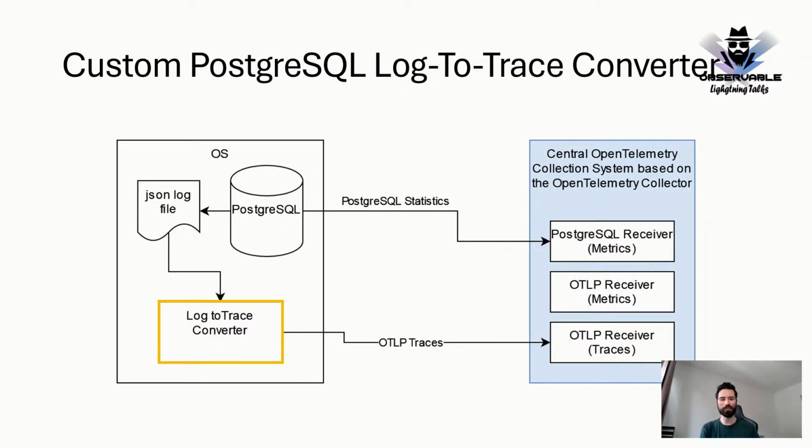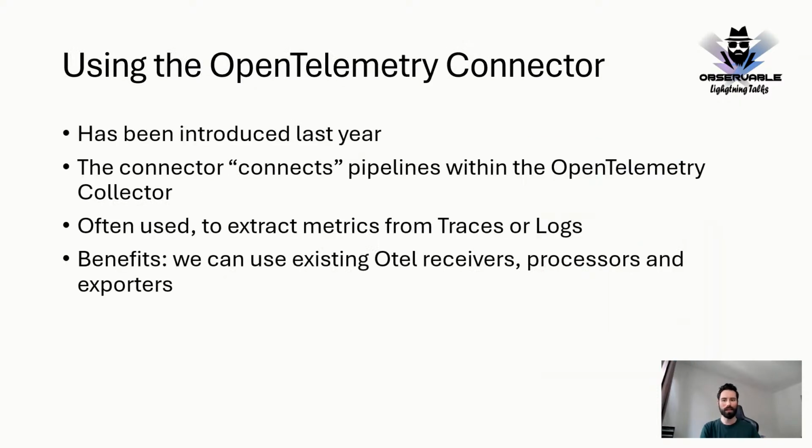This is certainly one option, but I looked into other options as well, because parsing JSON logs, I don't need to do this. The OpenTelemetry Collector, for example, can do this already. So I looked into the OpenTelemetry Connector features. I thought maybe we can build it in there somehow. They introduced last year the OpenTelemetry Connector API.